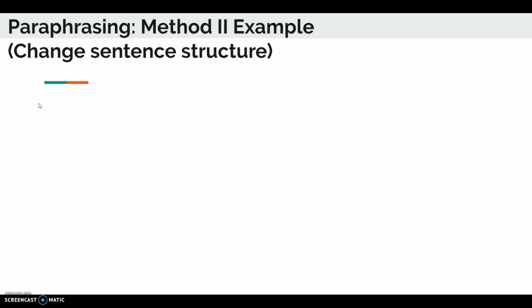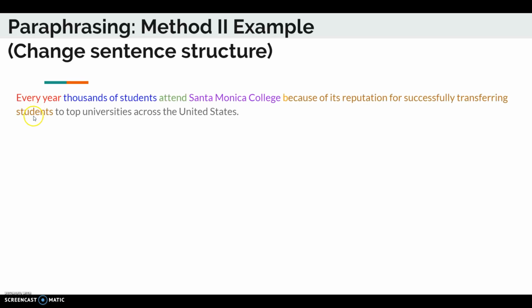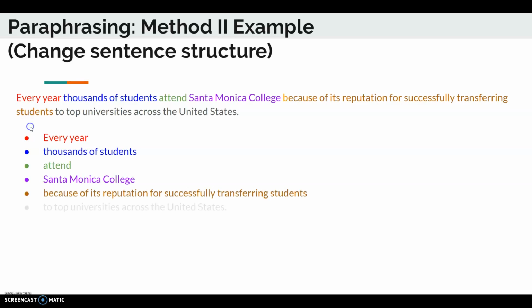The next step is to change sentence structure. So we start with the original sentence again. We have our chunks. Now what we're going to do is move around the chunks and change some of these chunks into different phrase or sentence structures.